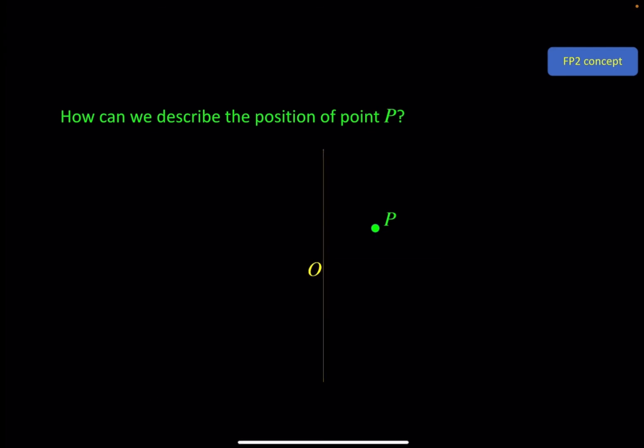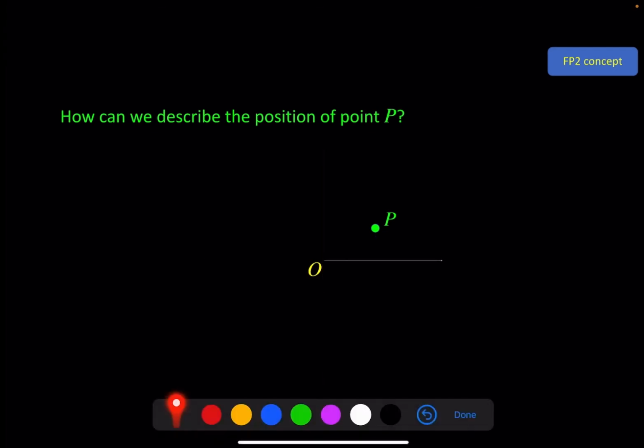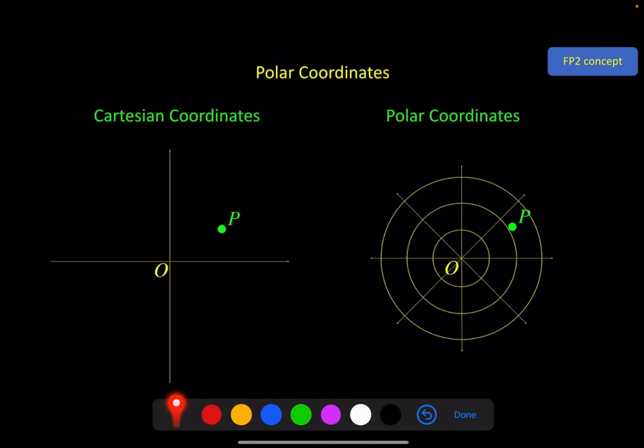Instead of this, you could use a single initial line and ask how far around in a circle going counterclockwise from that initial line is P, and then how far out in terms of an absolute distance, or a radius, of the circle going around like that. So that's where this is coming from.